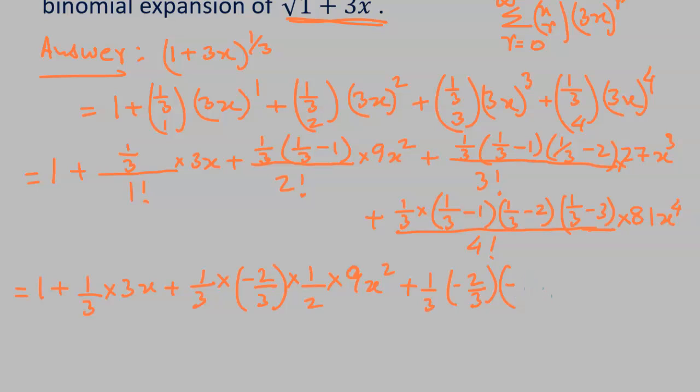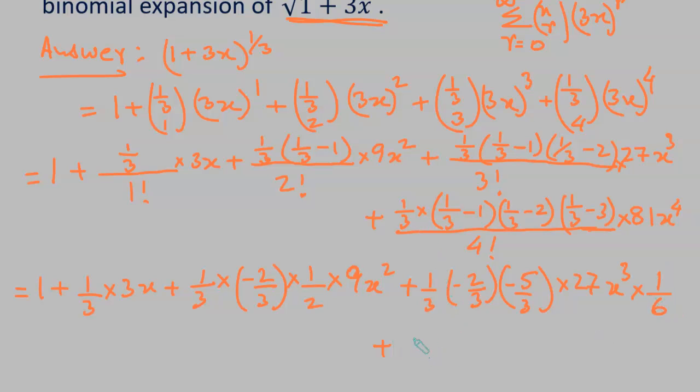So this is minus 5 over 3 times 27 x to the power of 3. And of course, there is the 3 factorial as well. 3 factorial is 6, so it is 1 over 6.